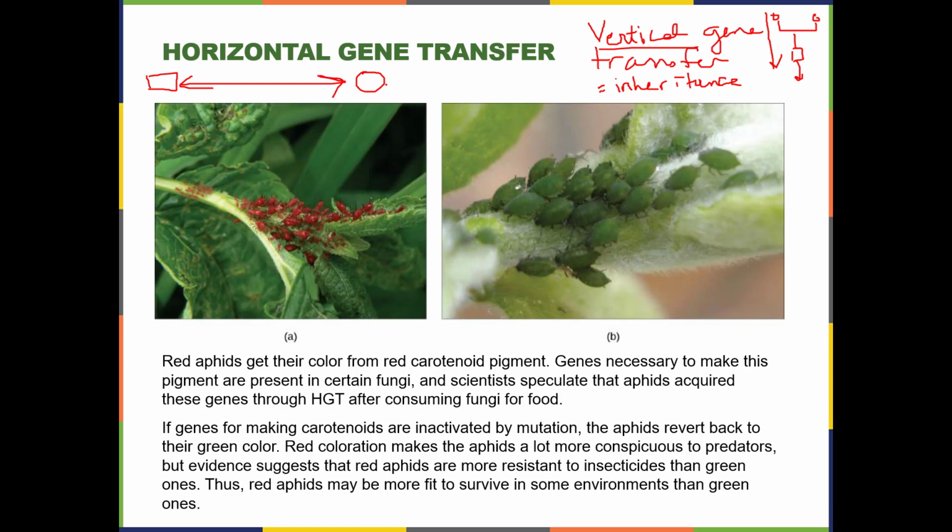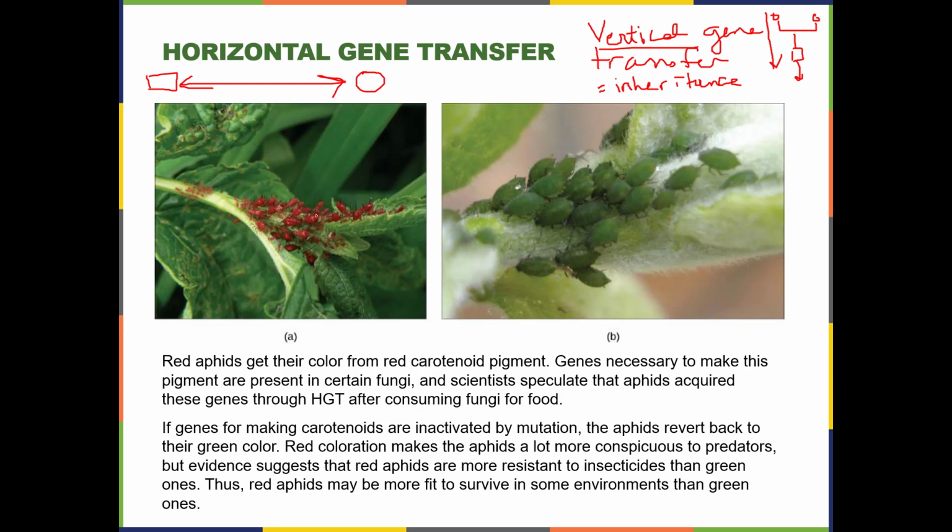I'm not saying that all organisms do this. I'm just saying there's some, and as soon as we start noticing that some do it, we have to keep our mind open that it might be more common than we know right now. So there is evidence of horizontal gene transfer. Our understanding of bacteria transferring to humans is fairly recent.